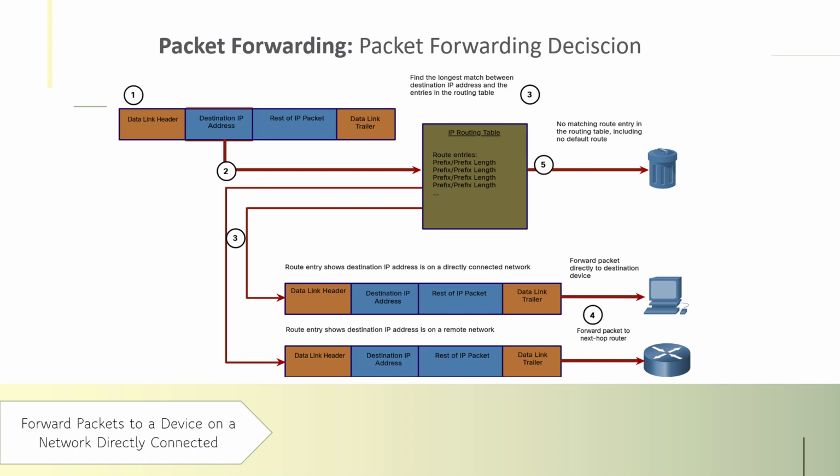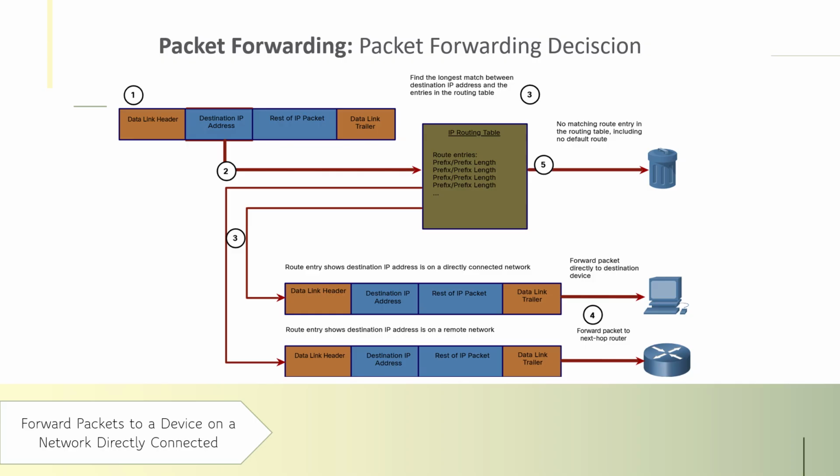To encapsulate the packet in the Ethernet frame, the router needs to determine the destination MAC address associated with the destination IP address of the packet. The process varies based on whether the packet is an IPv4 or IPv6 packet.